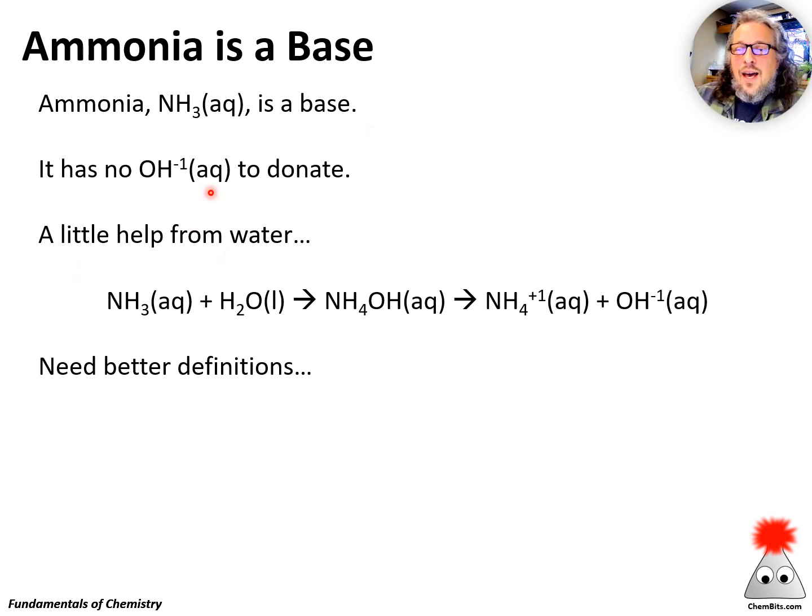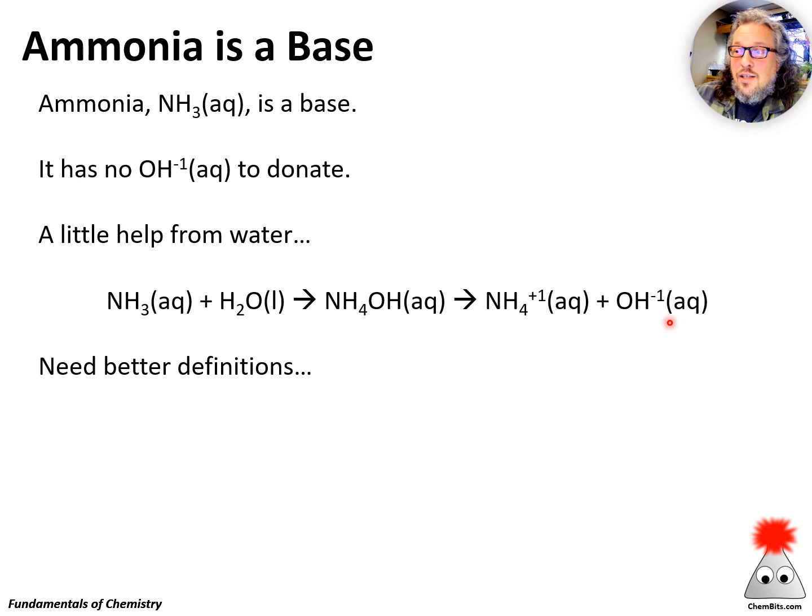If ammonia is added to water, these two molecules can actually react to form ammonium hydroxide. And if we've got ammonium hydroxide, that ionic compound can now dissociate to form ammonium ions and hydroxide ions.